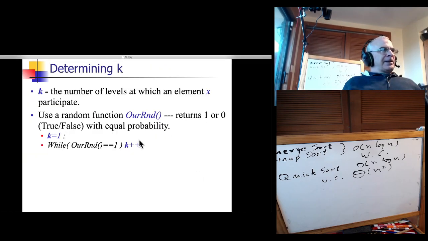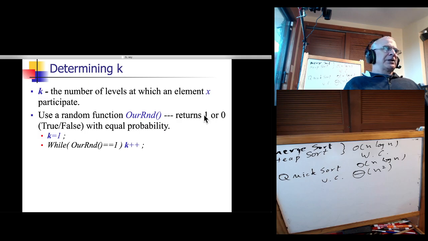Okay, and this highly sophisticated algorithm to pick K goes as follows. I start when K equals 1, implying that everybody is going into level 1. I pick a random number. I'll write my code of rand that returns 1 or 0. Usually rand, depending on the language, you can pick an interval or you can get a float number between 0 and 1 as a return.